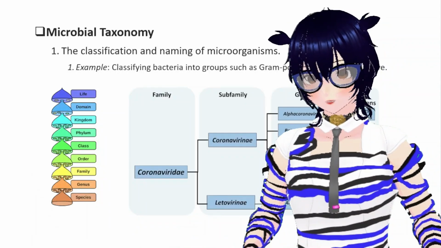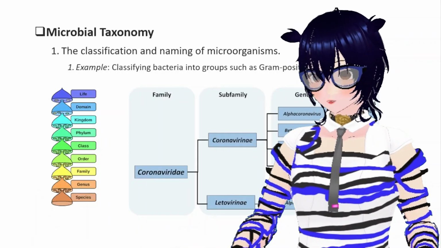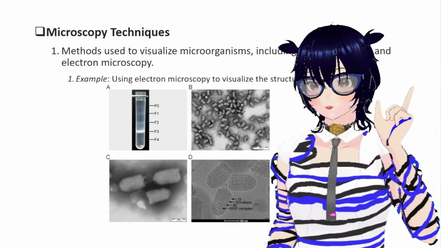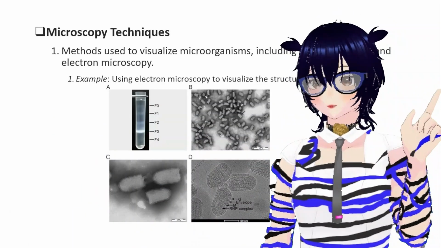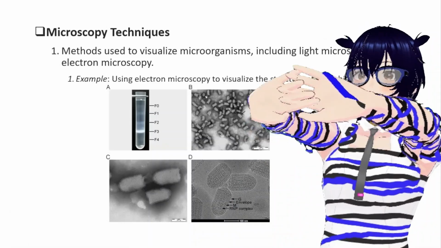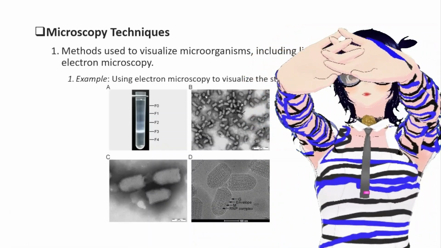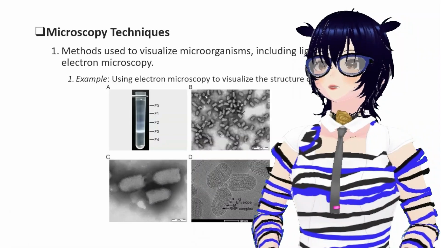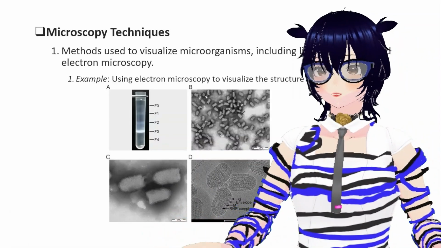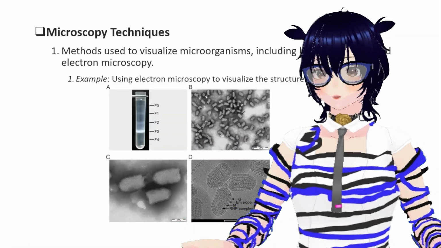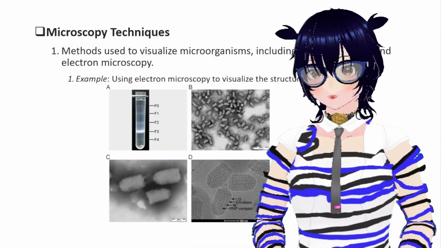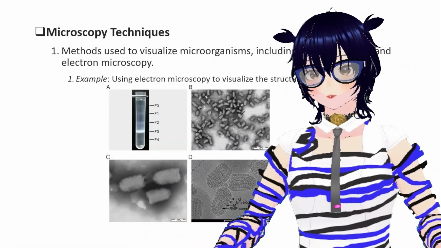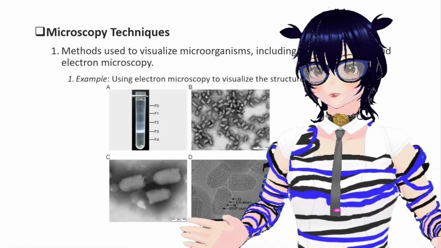So anyway, microbial taxonomy deals with classifying and organizing all of these things, and next we use microscopy techniques. You might ask, why do we have to study them? It's simple: because these are microorganisms, we need a microscope, so of course we have to study microscopy techniques, and that's why we put it in a separate class.